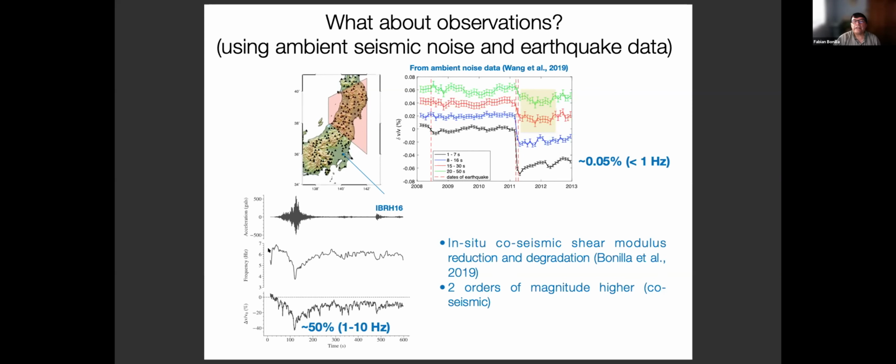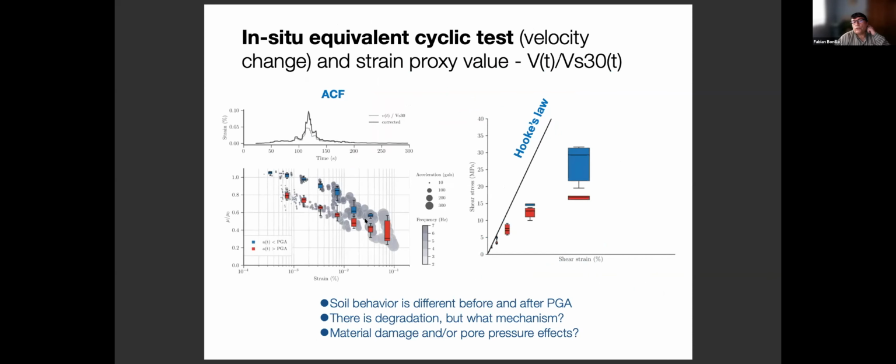So by doing that, we are able to track the frequency changes and also the velocity changes co-seismically here. And then you can observe that in terms of values, compared to the crust, we are two orders of magnitude higher. And also we see that there is a recovery, and the recovery doesn't get to equilibrium even after 10 minutes of ground motion.